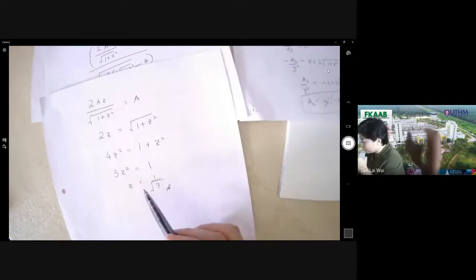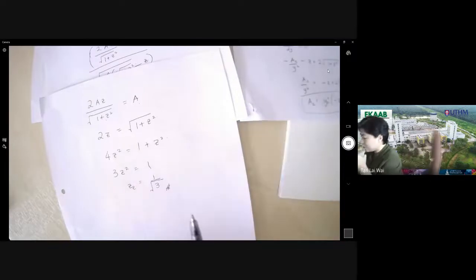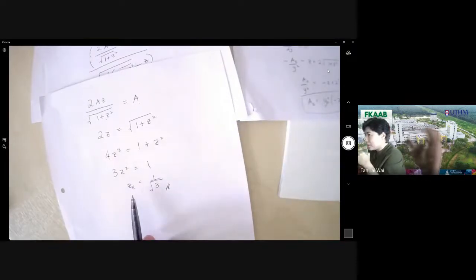What I have here is the most efficient side slope. If it's allowed to vary, I'm going to use the side slope of 1 over square root 3, which will give me the most efficient trapezoidal section. So this is how I found my Z.